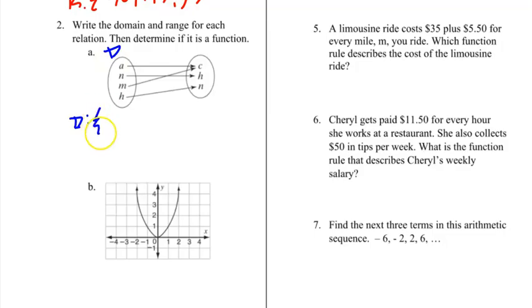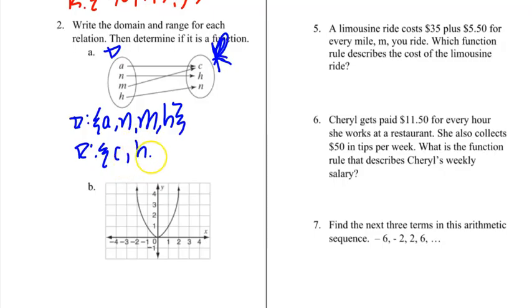So I would have our A, our N, our M, and then our H. And then the range would be this other mapping circle. So this would be C, H, and N.